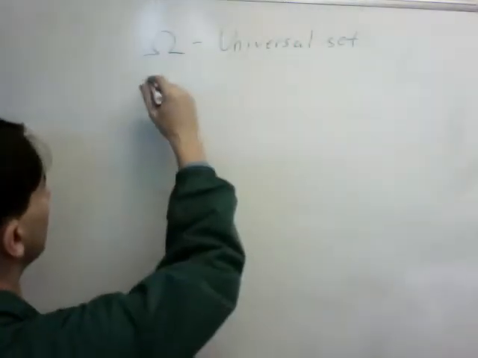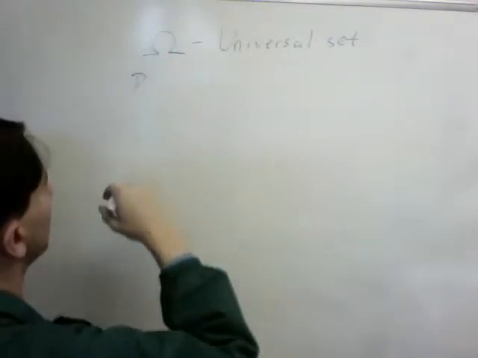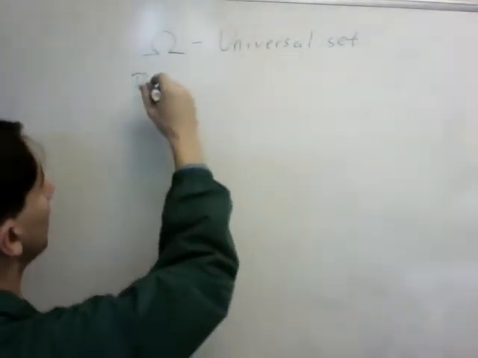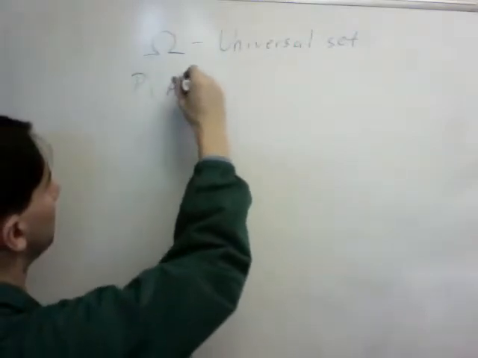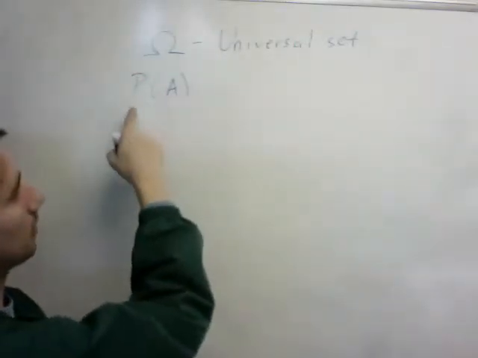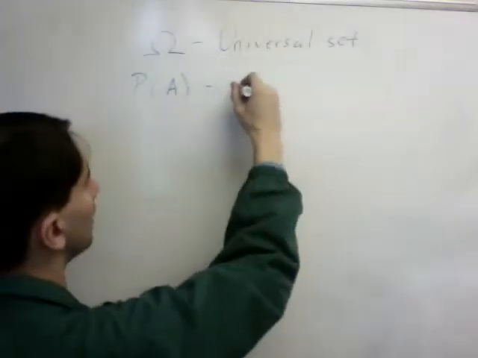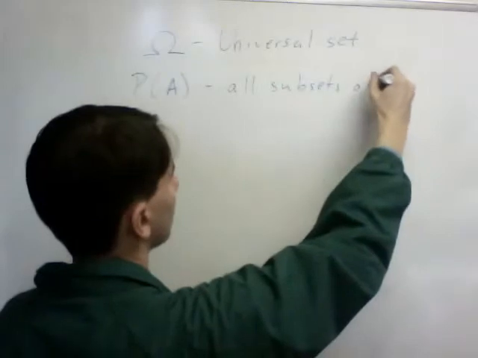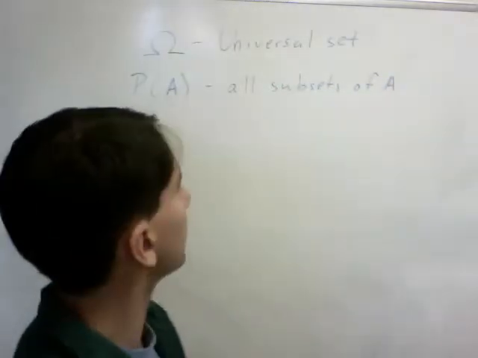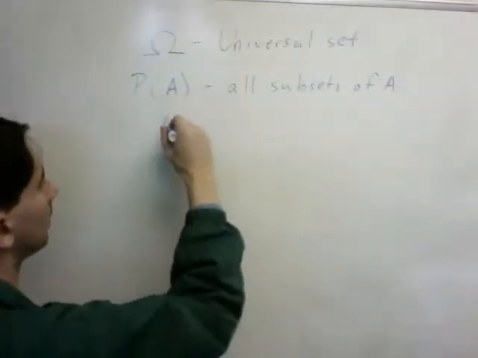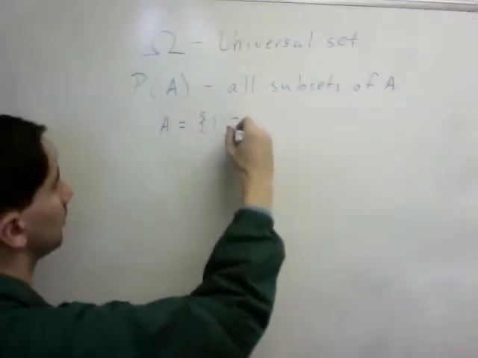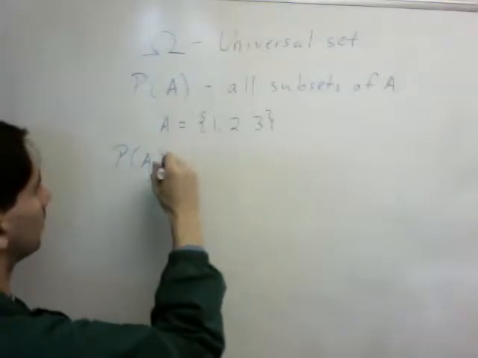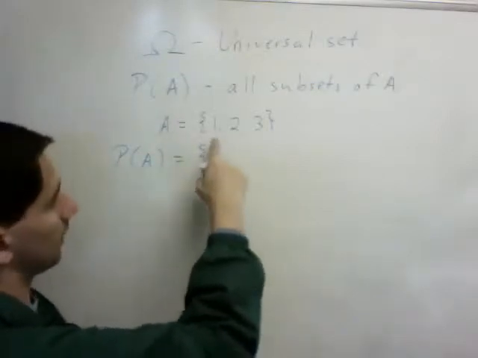Another thing we didn't talk about yet in review, although we should know it from discrete math or from another class, is the power set. The power set is a script P, like a cursive P, of a set A, and it's all subsets of A. So it's actually the set of all subsets of A. For example, if A was the set {1, 2, 3}, then the power set of A would be a set containing every possible subset.